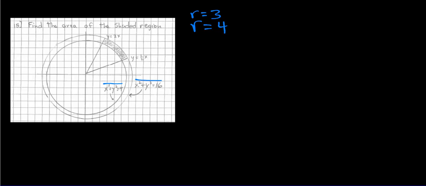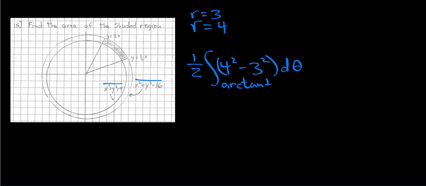Now, we're going to integrate this. We're going to do 1/2 integral from alpha to beta of the outside, 4 squared, minus the inside, with respect to theta. And we need to figure out what our bounds of integration are, because we're going from y equals 1/2 x, that's going to be arctan of 1/2, all the way up to arctan 2.